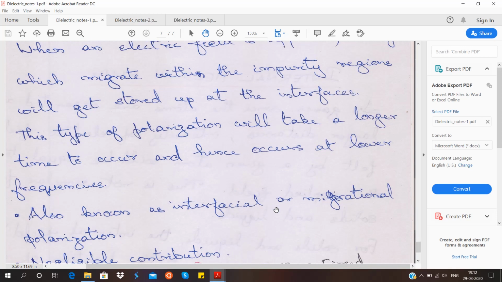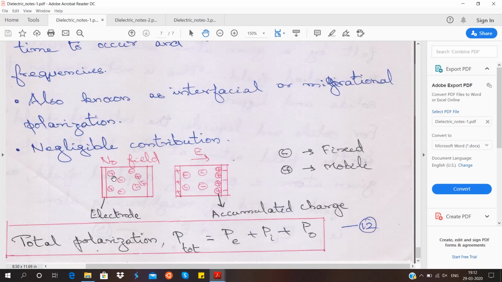Whenever there is no field applied, let's consider there is an electrode at both the ends. This is one material, and inside is another kind of material which has some positive and negative charges. This is when there is no electric field applied, and when an electric field is applied, you can see that the charges get aligned, or they move towards the junction between the first material and the second material, or I can also say the interface.